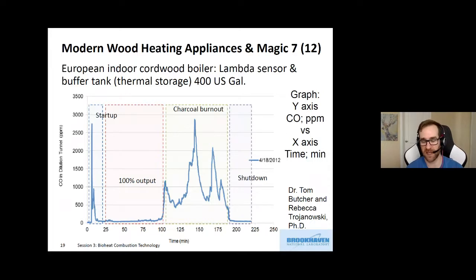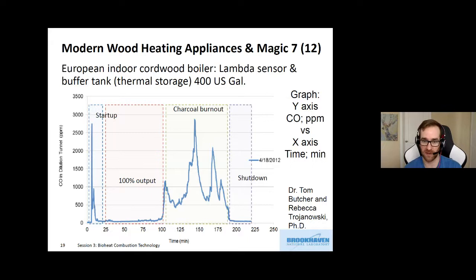So, as I mentioned, you load the cordwood in the European unit, you do the startup, and you have those emissions at the start. But when you go into the full output stage, you see that carbon monoxide, measured here in parts per million, significantly drops for almost 2 hours.